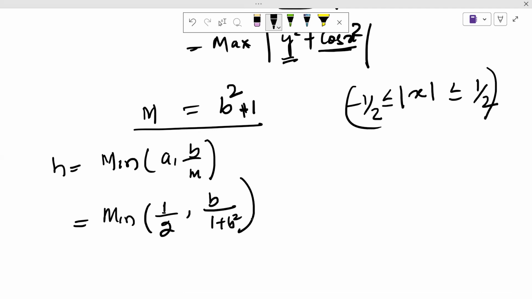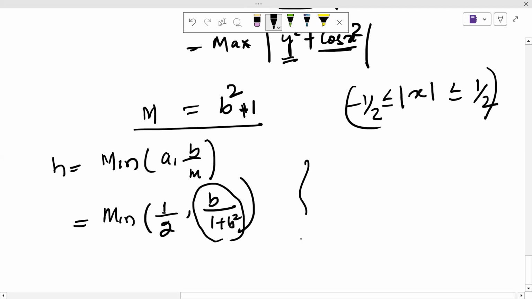Have you understood? You know the minima and maxima criteria. Here, you choose this function: small f of b is equal to b by 1 plus b square, right? For the case of minima, you know the minimum property.